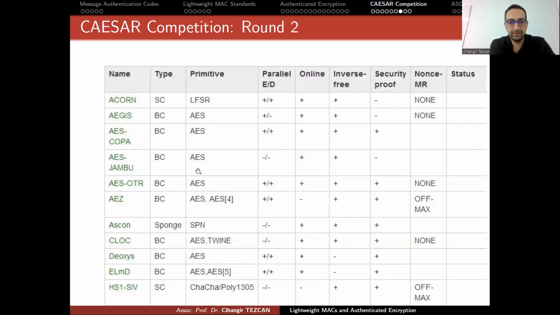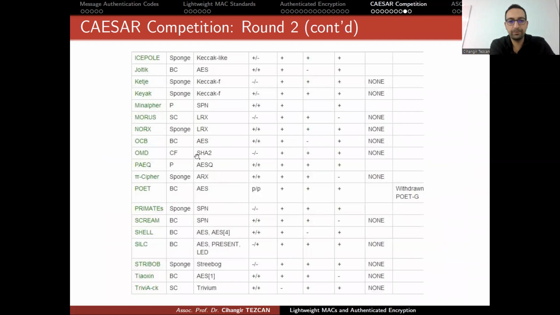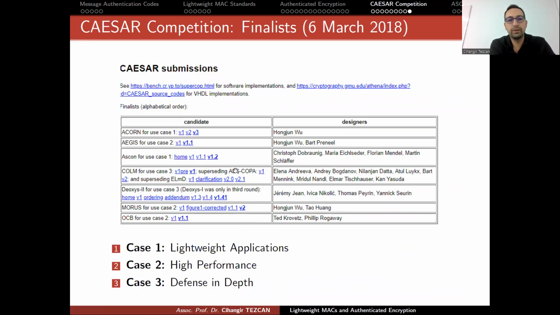So this is some information from the Authenticated Encryption Zoo web page about the second round candidates. But if you move on to the last part, it says the finalists were announced on the 6th of March. Now I change my first claim, so this must be the date of FSE. At the rump session of the FSE conference, these winners were announced, and at the web page you can find them.